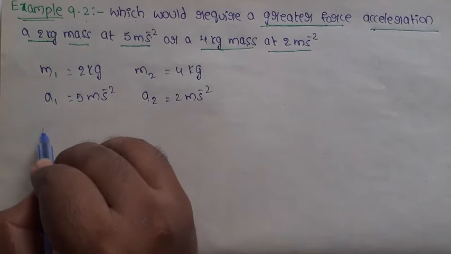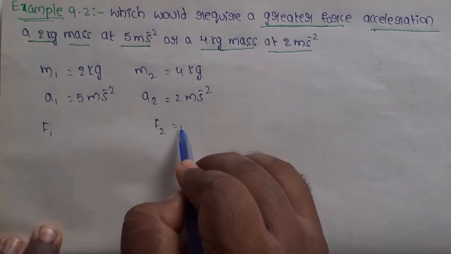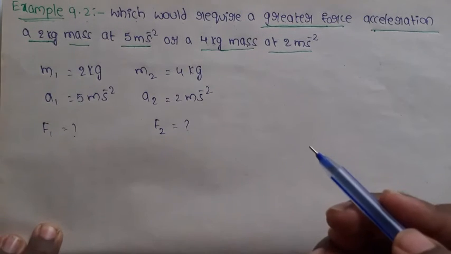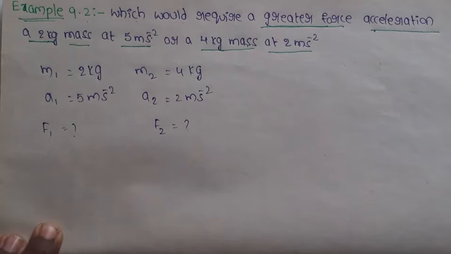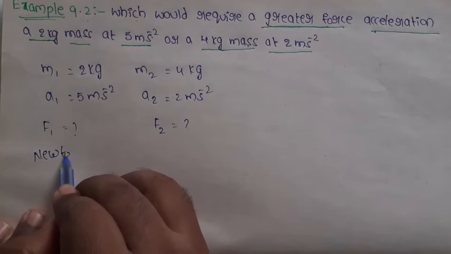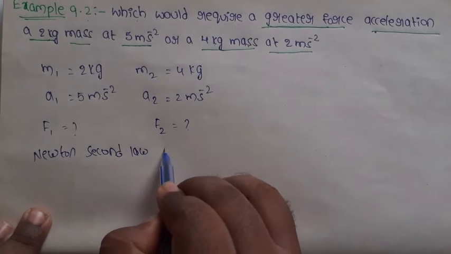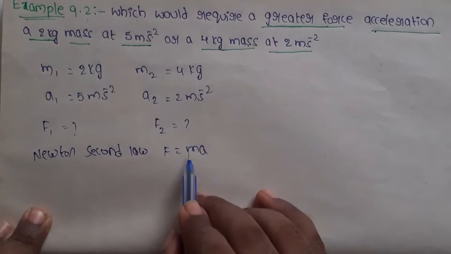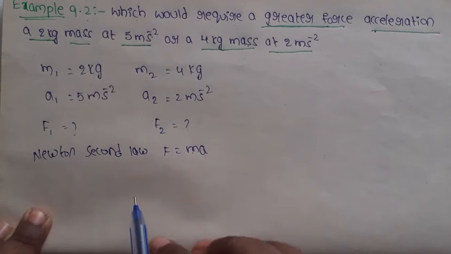So here the force value is F1, here the force value is F2. We are going to find F1 and F2, which is the greater force acting on the body. Using Newton's second law, its mathematical expression is F equals ma. Substitute the m value and a value, and you will easily find the F value.